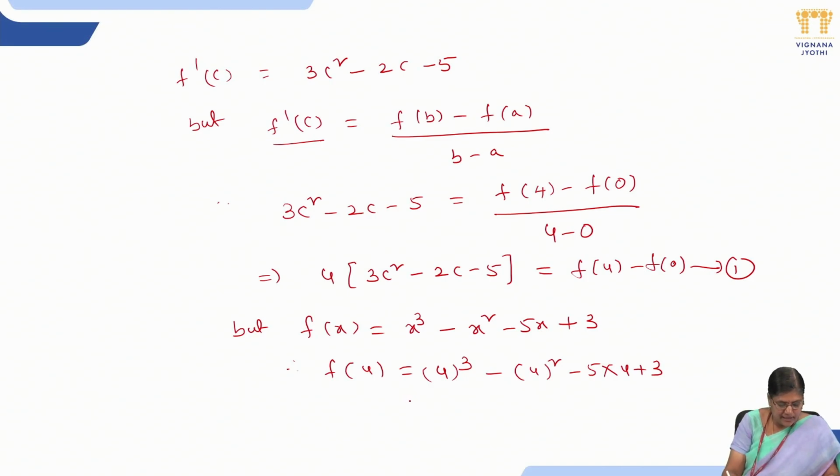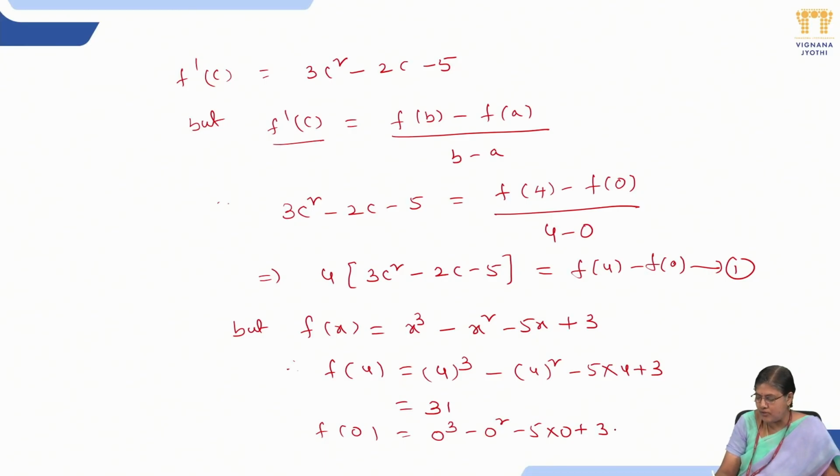Simplifying, we will get f of 4 is equal to 31. Next, by putting x is equal to 0 in f of x, we will get f of 0. f of 0 is equal to 0 cube minus 0 square minus 5 into 0 plus 3. Finally, f of 0 value will be equal to 3. Here, f of 4 is 31, f of 0 is equal to 3. Substituting f of 4 and f of 0 values in equation 1, we will get the next step.